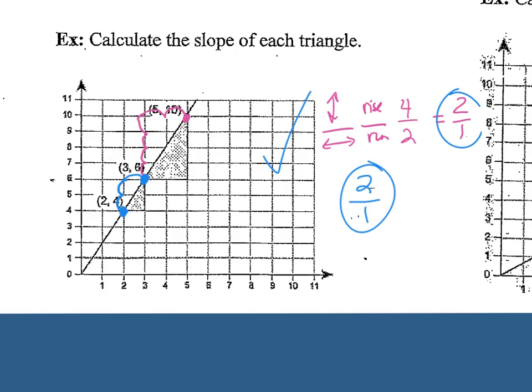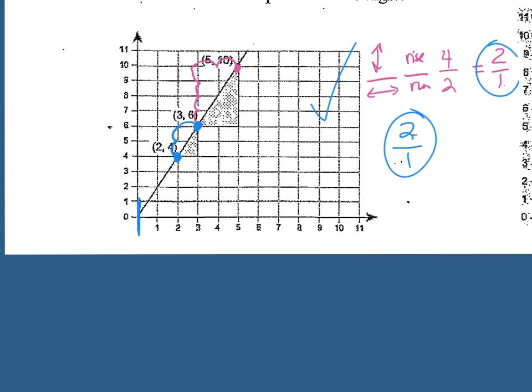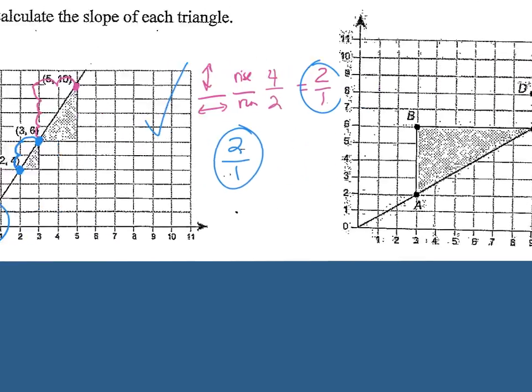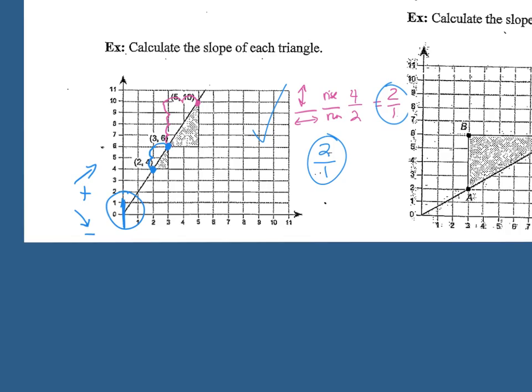If you're not sure if it's positive or negative, always start looking at the left side of the line. So if I look at the very far left of that line, and if it's going up and to the right, then it's going to be positive. If my line is going down when I'm looking at it, it's going to be negative. So keep that in mind when you get your worksheet.